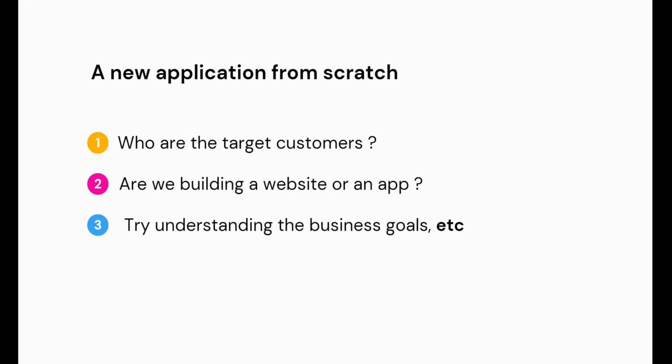Now, in the second case, the company or startup wants to start a new application with this business problem. In this scenario, you have zero information regarding anything. So, in this case, you start off by asking the team who their target customers are. They could be food enthusiasts, busy professionals, families, etc. And since the needs for these three or more categories of people would be different, for example, food enthusiasts would be very particular about the food choice.